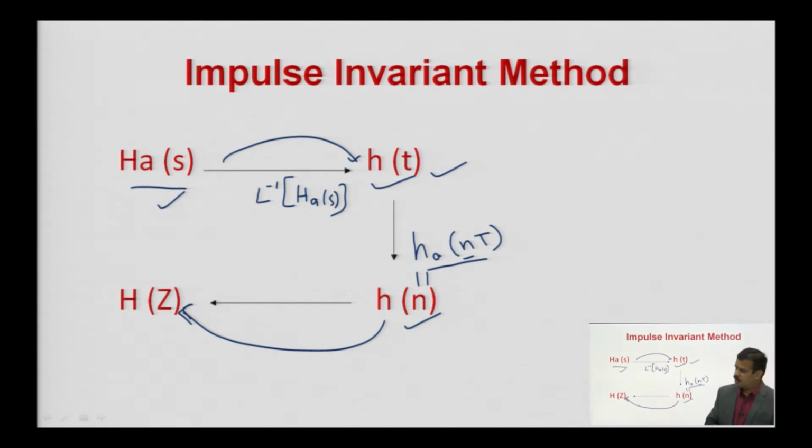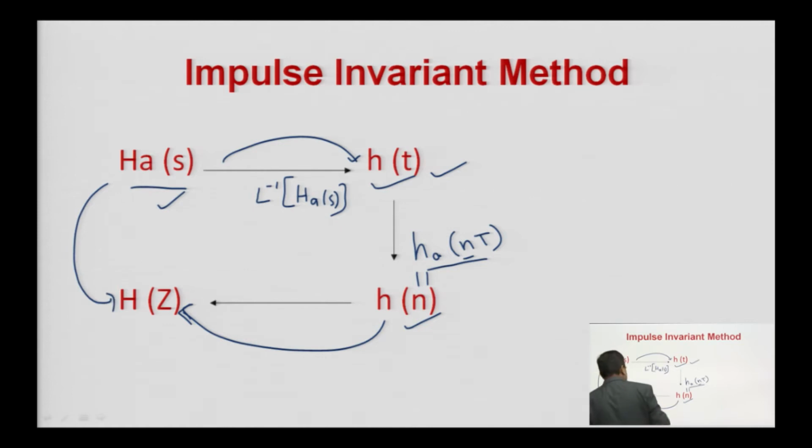So, now you are converting your H(s) into H(z), and this is the final step for the designing of your IIR digital filter. These 3 steps you have to take. Now, the question is how you convert this h(n) into H(z). It is possible by taking its Z transform. So, you will get H(z).